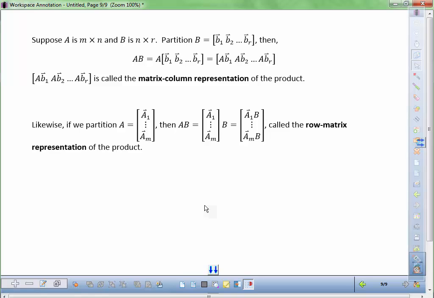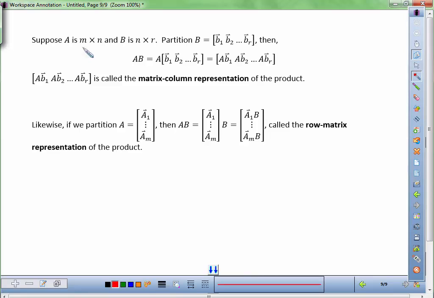If we look at this carefully and realize what each of these components are.